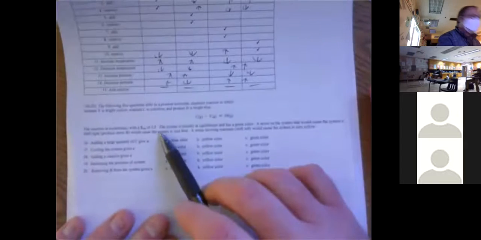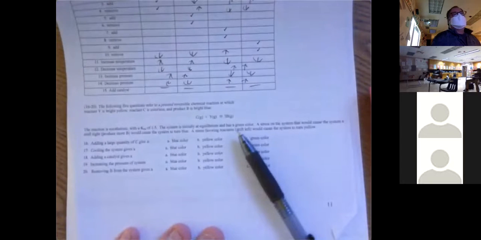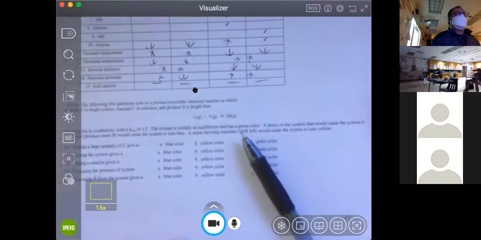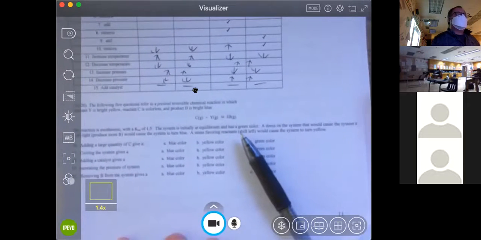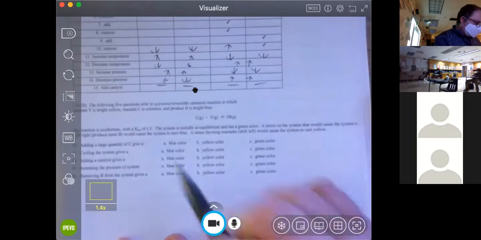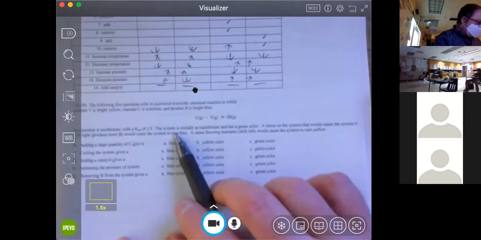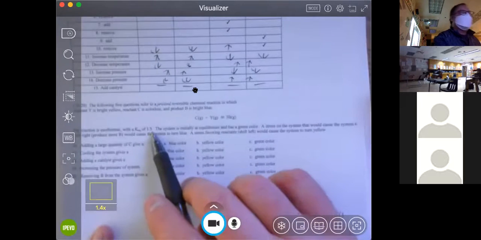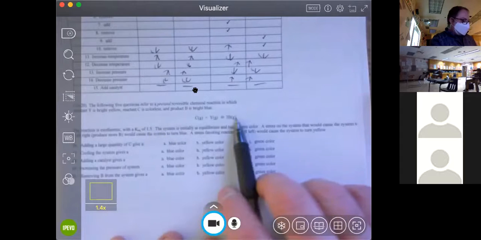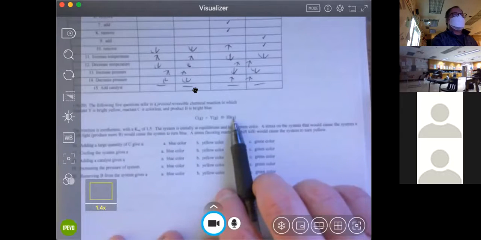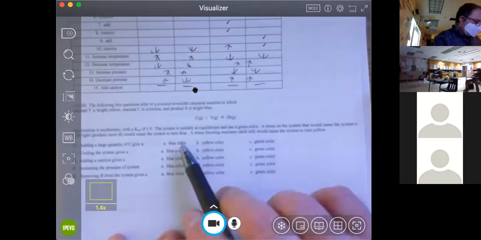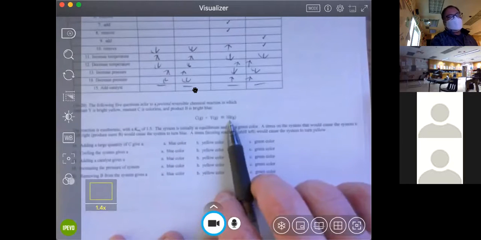Down here, it's kind of fun because they have a stipulation. We have green and yellow or something like that, and we know yellow and blue make green. K sub EQ is 1.5, and 1.5 means that we have excess blue. If it favors the product, we're going to see blue.